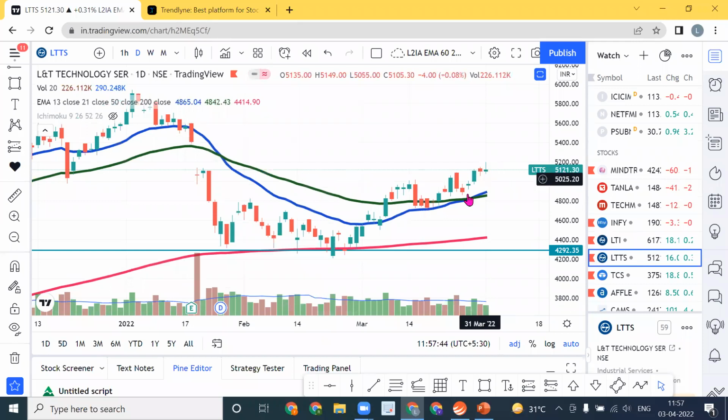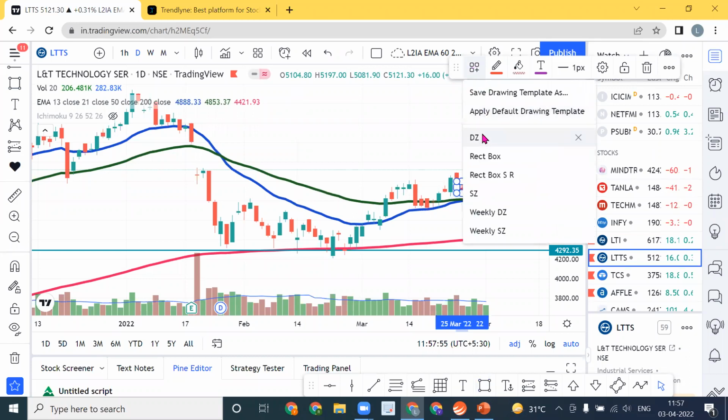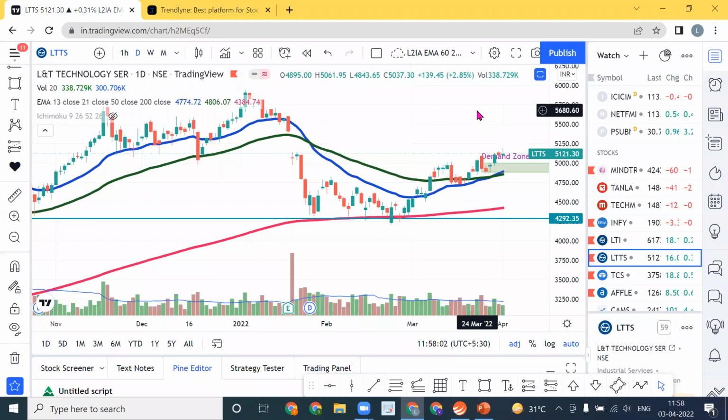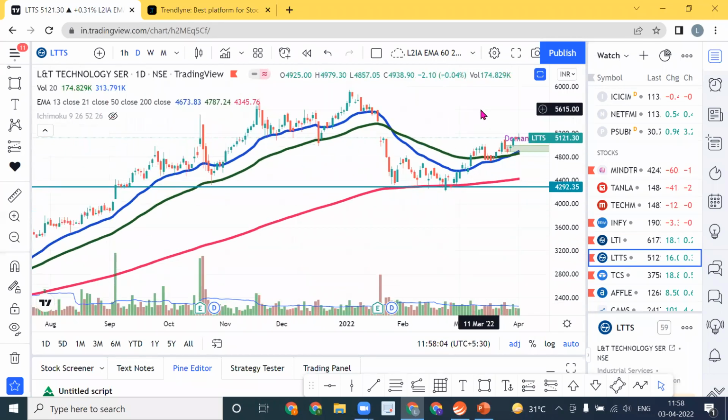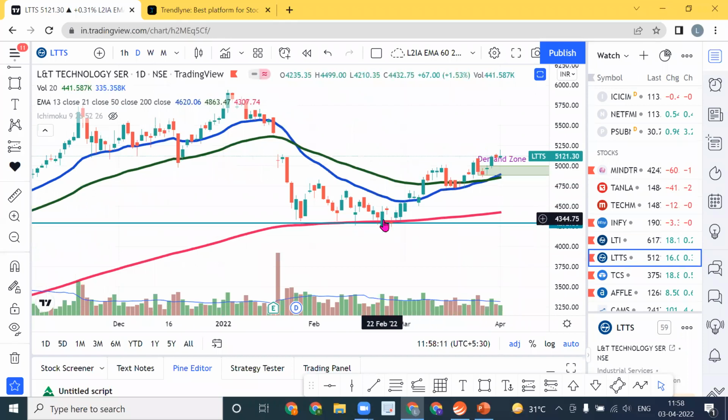LTTS is looking nice. You can see a drop, base, and rally. Rally, 3 base candles, and a rally.